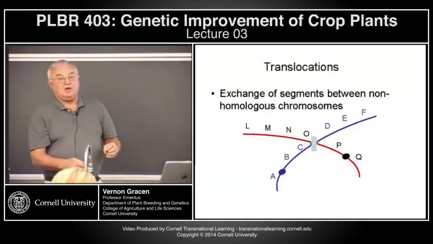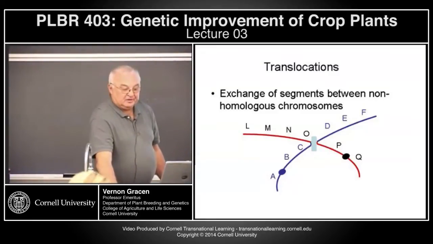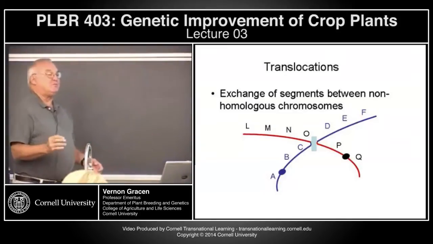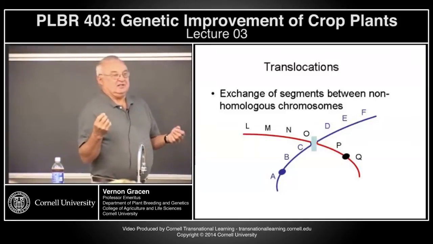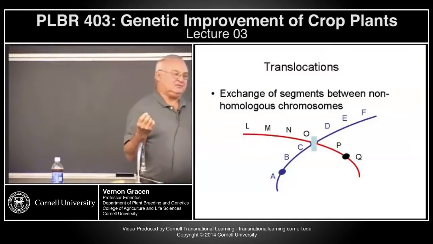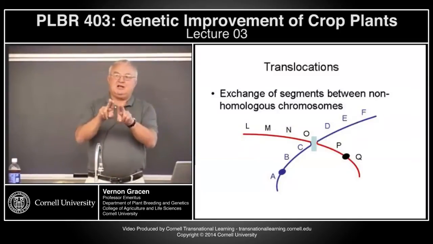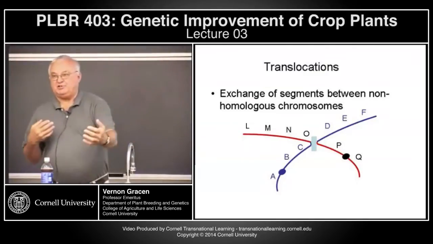Translocations I've thrown in because translocations often involve crossing over between non-homologous chromosomes. And so you ask, well, if the chromosomes are not homologous, they're not going to pair, how do you get crossing over? Well, a little bit later we'll talk about polyploids.